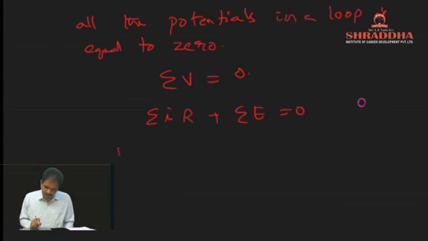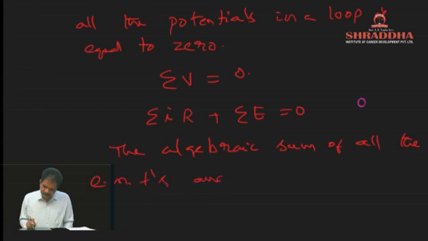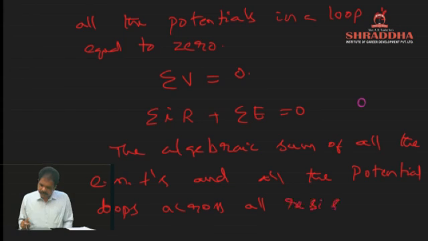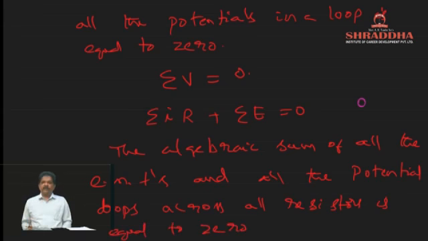In other words, the algebraic sum of all the EMFs and all the potential drops across all resistors is equal to 0. That is Kirchhoff's second law.